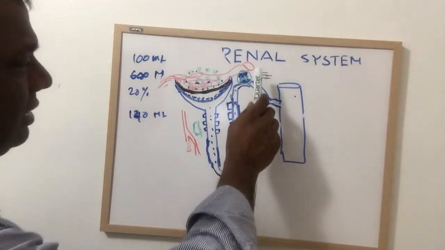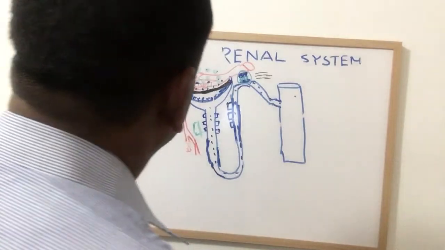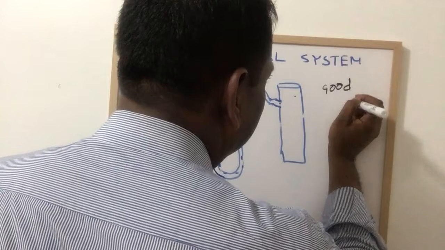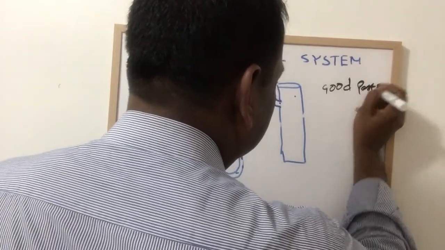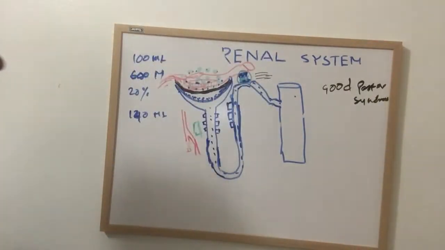If they do, then there is some autoimmune pathology there in the basement membrane. It's not good for the patient, but they call it Goodpasture syndrome. Yes, Goodpasture syndrome. I don't know why they call it that.